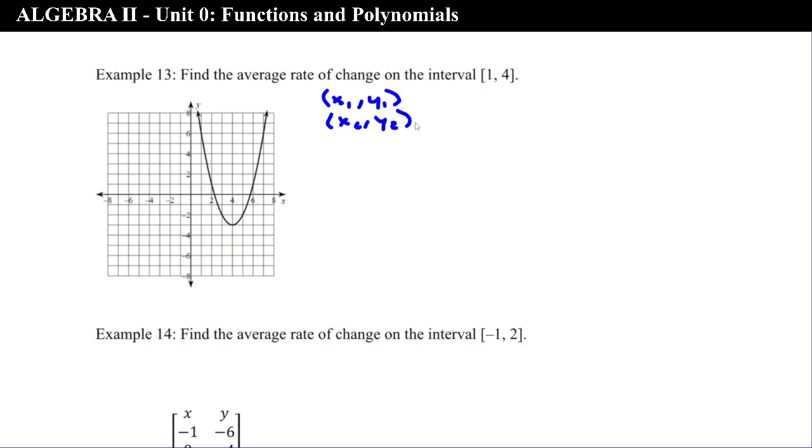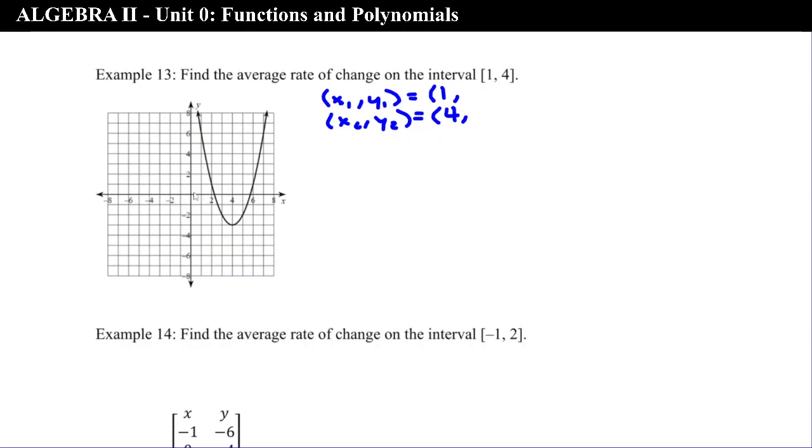Well, here on the interval, we are given what our x values are. Because remember, when we're talking about intervals, unless we're talking about range, these are going to be x values. So our first x value is 1, and our second x value is 4. Now all we have to do is find what our y values are that go with those x values.